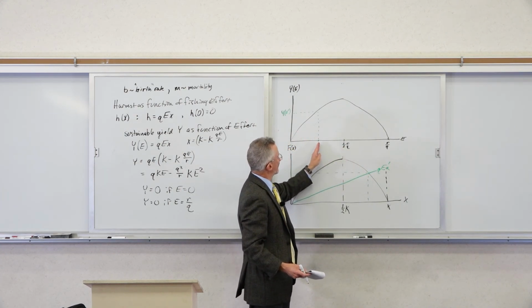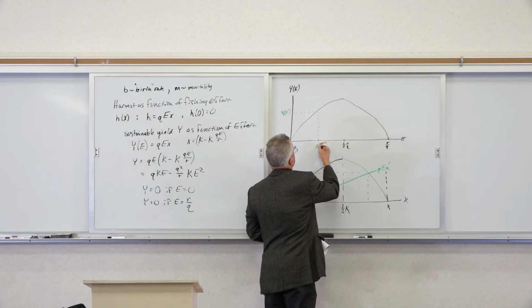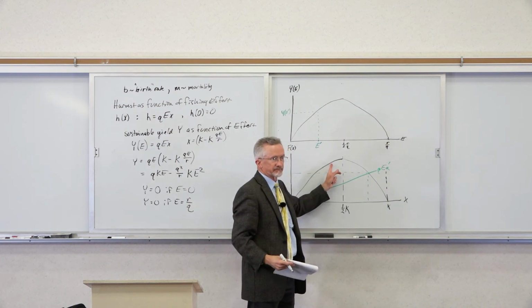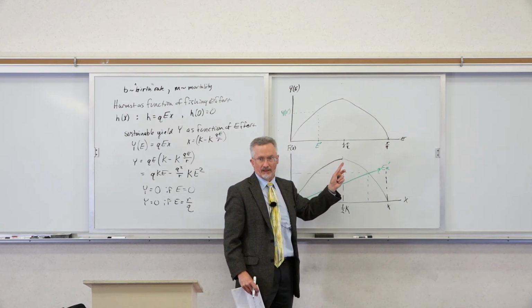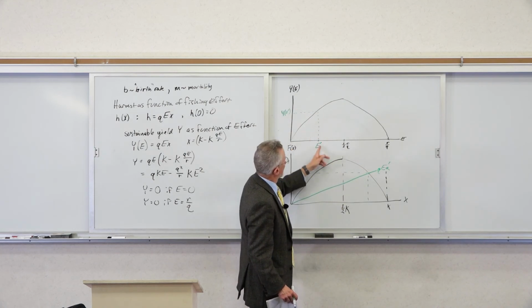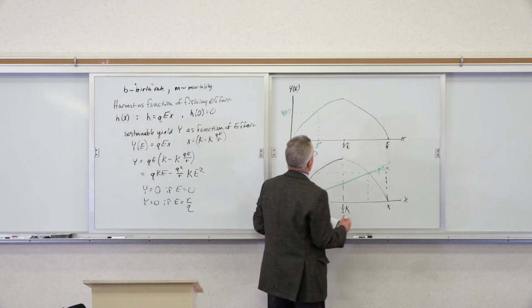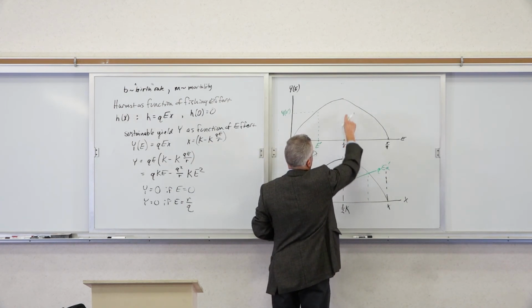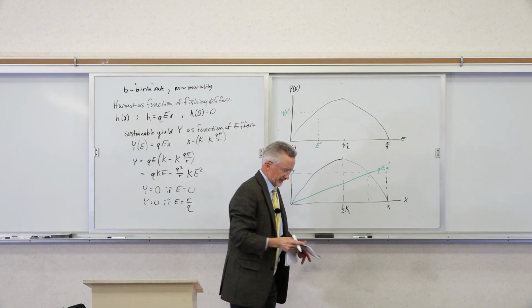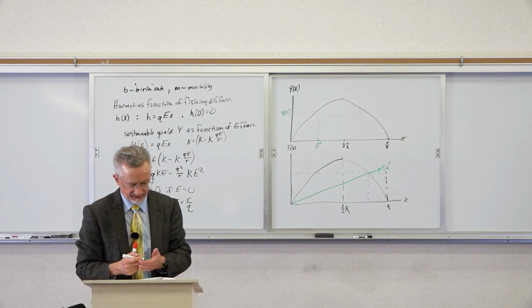Well, that means that I'm moving through this region here, right? Yes? Okay. So if I increase the amount of effort, moving through there, I'm increasing my yield, and it goes up to that point there. And then, if I keep increasing the effort, it begins to decline.